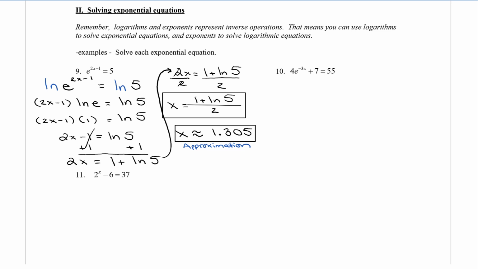So I have written the word approximation underneath the x is approximately equal to 1.305, and I have written the words exact answer above the x equals 1 plus the natural log of 5 all over 2. And I am circling the equal sign and the approximation sign just so that you realize the difference between these two answers.